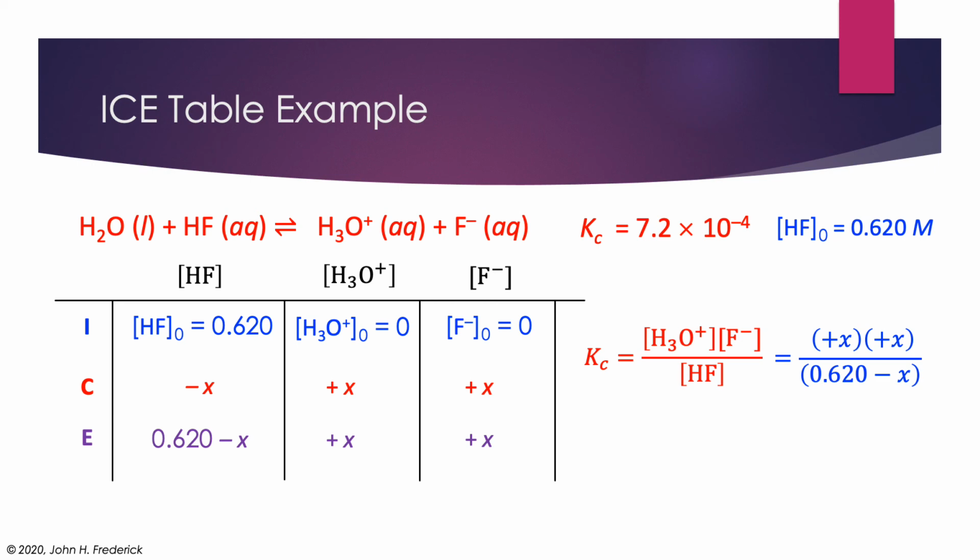This again is something you can easily plug into Wolfram Alpha or some other tool, or you can solve it with the quadratic formula if you wish. Whichever way you do it, you will find that x is equal to 0.0208, and that is also equivalent to the fluoride ion. It's also equivalent to the hydronium ion. If I want to get the equilibrium concentration of HF, I will need to subtract this value from 0.62.